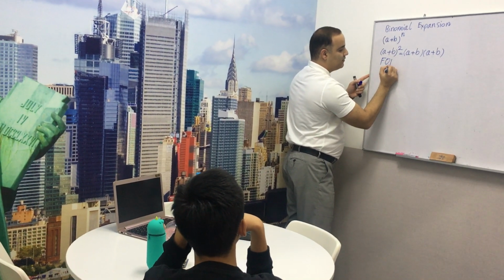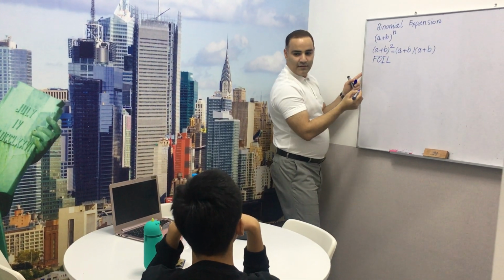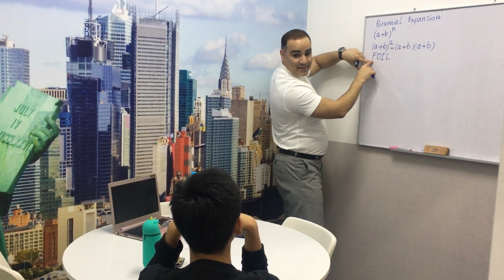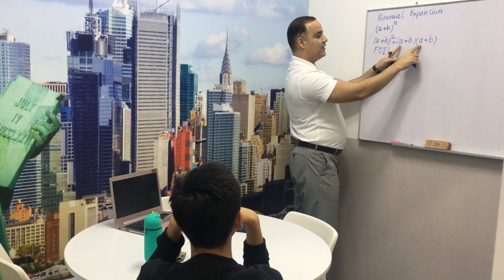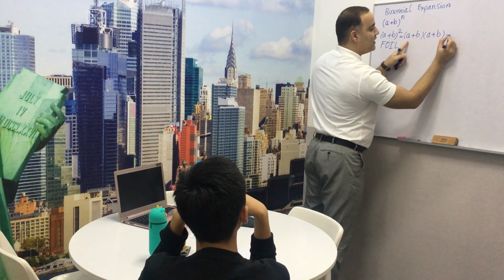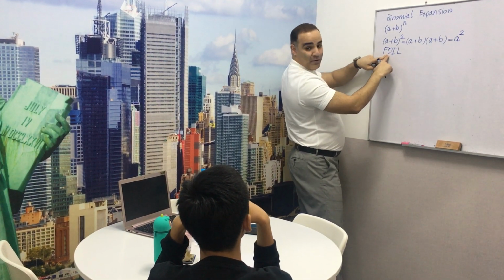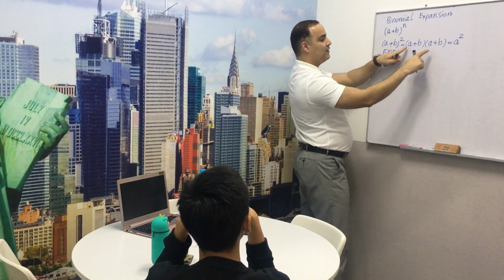It's called FOIL. What does it stand for? F means firsts. So what are the first terms? A and A. So A times A, A squared. And then we move up. Outers. What are the outer terms?